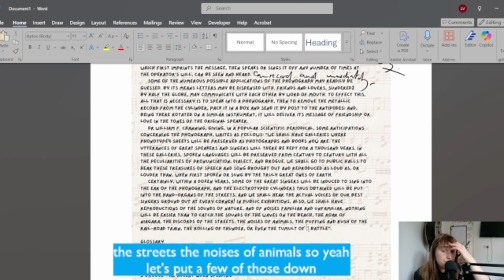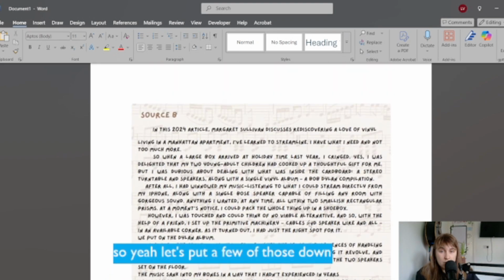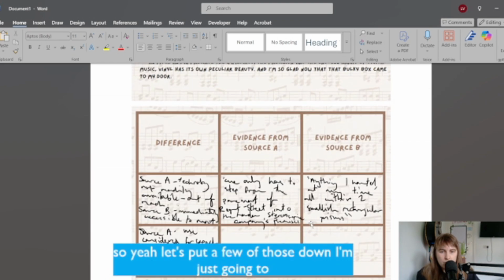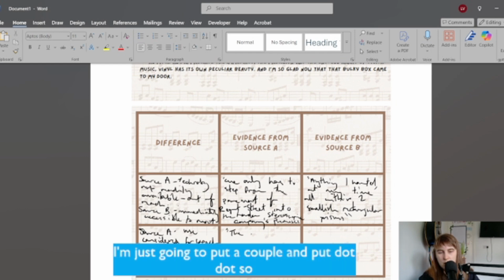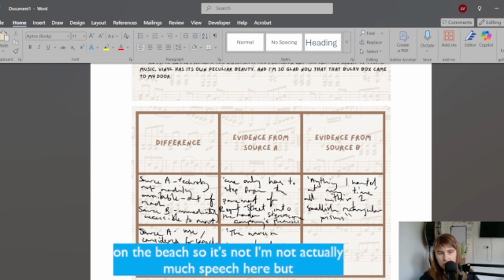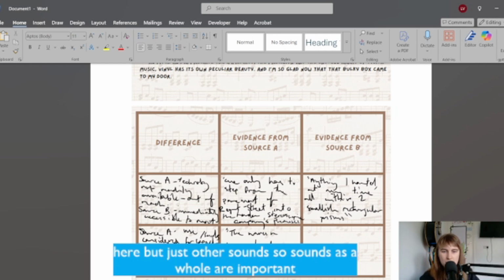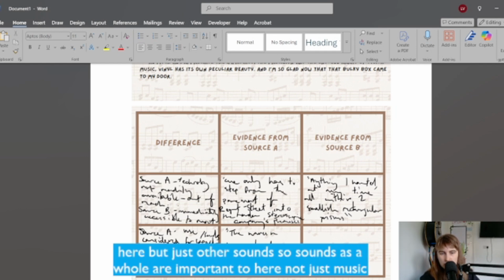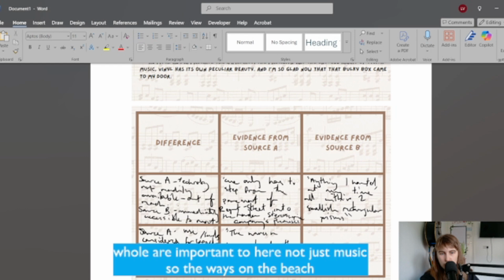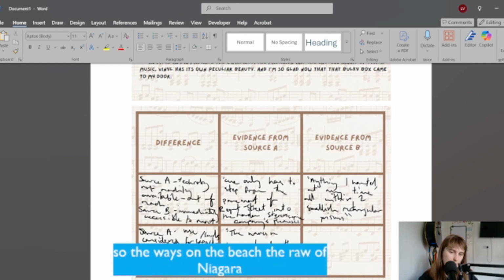I'm just going to put a couple. So I'm not actually talking about speech here, but just other sounds. So sounds as a whole are important to hear, not just music. So the waves on the beach, the roar of Niagara.